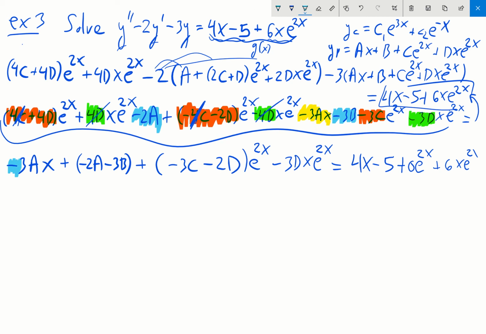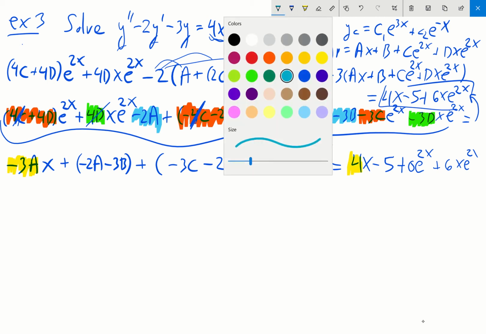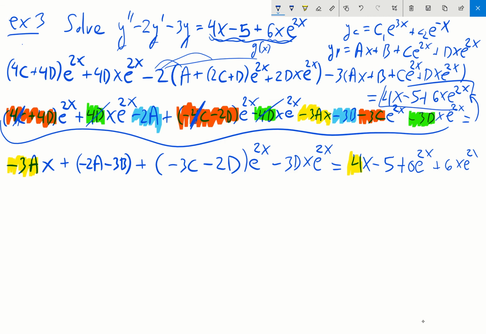I'm going to try to color code this as best as I can. We only had one that was in yellow. The x term on the left-hand side has a coefficient of negative 3a. The x term on the right-hand side has a coefficient of 4. Therefore, equating those two coefficients tells us that negative 3a is equal to 4.